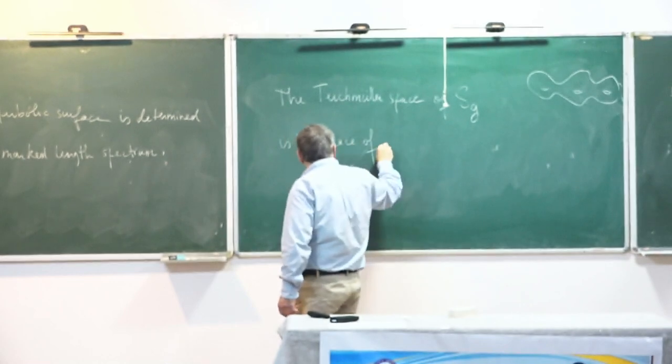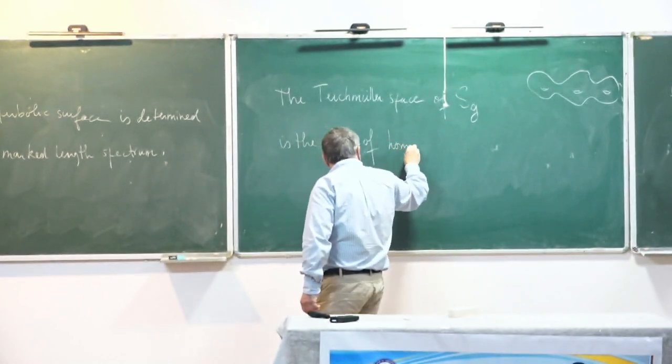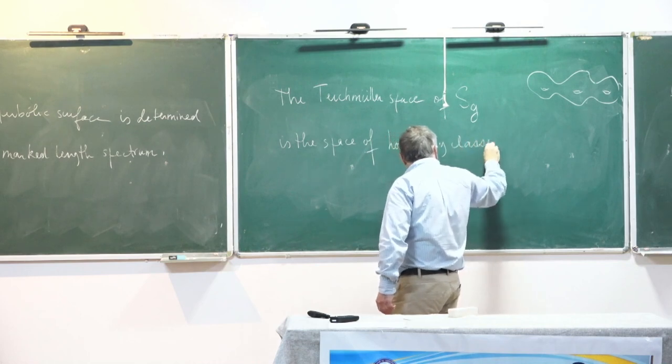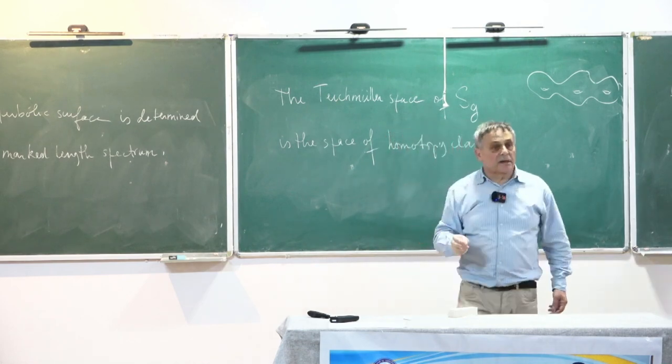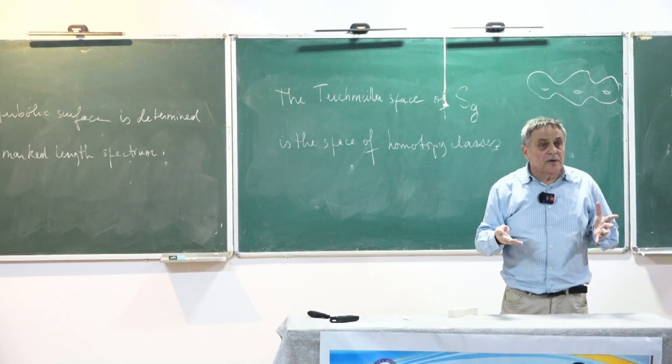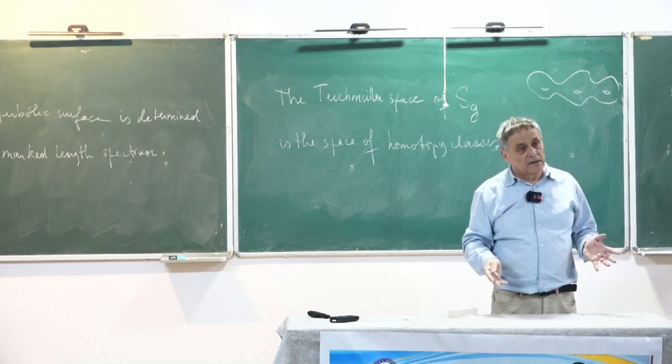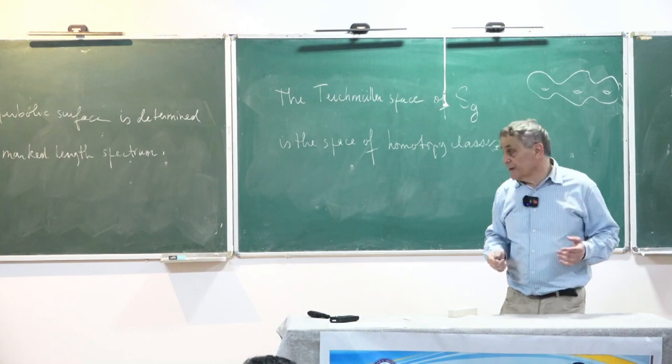Now this is the space. Now I want to put homotopy classes, because I told you that if two hyperbolic metrics are homotopic, I consider them as the same. Otherwise, my space is infinite dimensional.